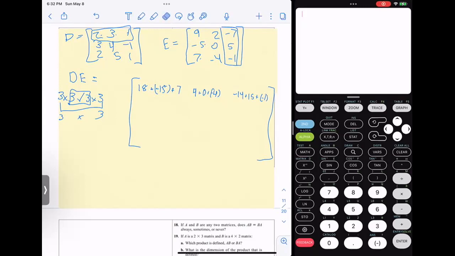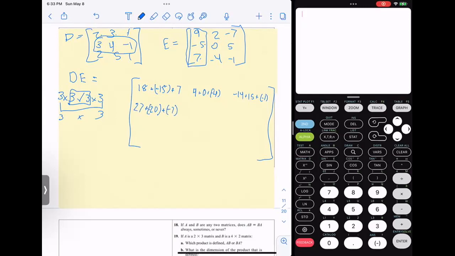Now, we need to do our second row. So second row, first column is going to be this value. We have 3 times 9, which is 27, plus 4 times negative 5 is negative 20, plus 7 times negative 1, which is just negative 7.